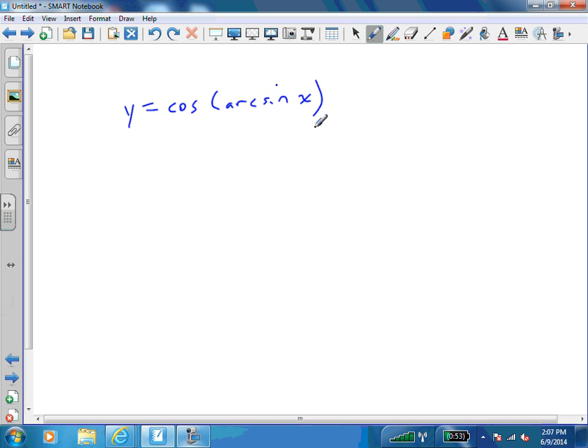What's one rule that we have to apply to take this derivative? That's a composite, so we have to use the chain rule. So when we take the derivative, it's the derivative of the outside. This is our outside function. That's our inside function. So what's the derivative of the outside?